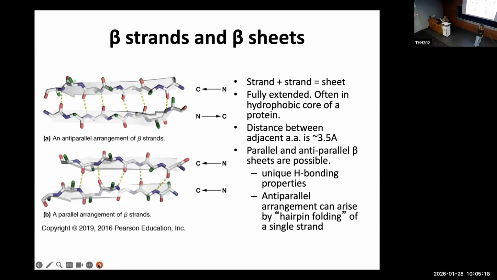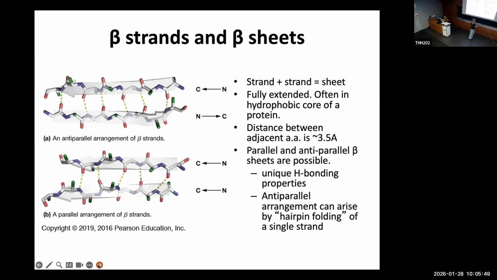And so it's a single protein interacting with itself. This is showing the directionality of the chain on each side. This is the N-terminal end and the C-terminal end. And if it loops back around, it's N to C. That is called an anti-parallel beta sheet because it's N to C and N to C. Okay.